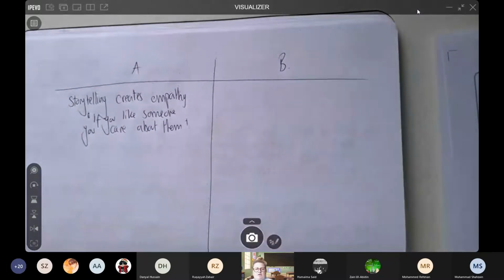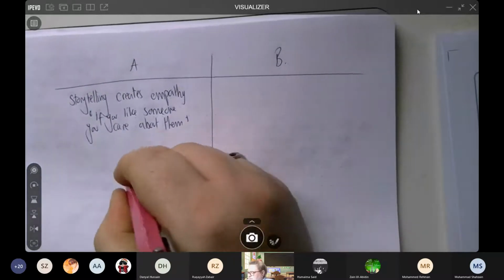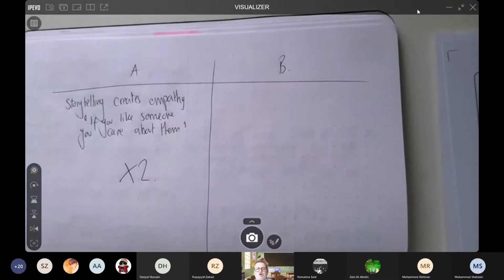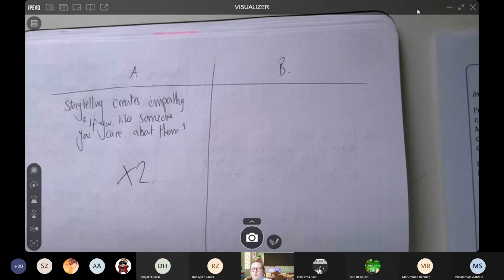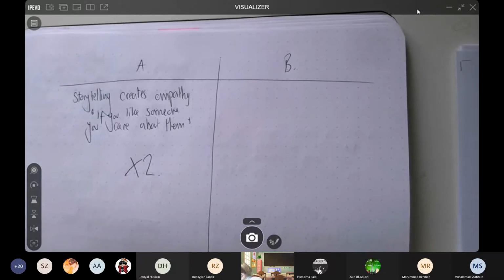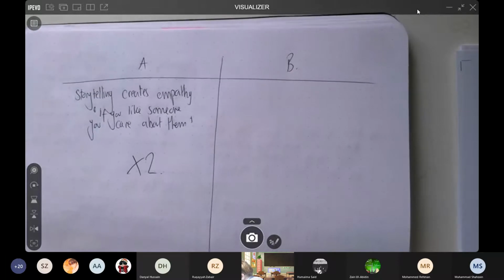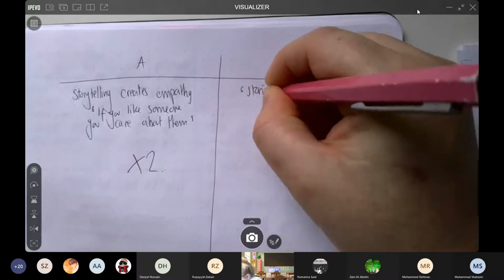Okay, now I'm only going to do one idea for each table, but you need to make sure that in the exam you do 2 ideas. And I'm only doing 1 idea because I want to have time to do some modelling. We also know that the writer of our second text has a very similar idea about stories and how they really matter. And she says, stories matter.